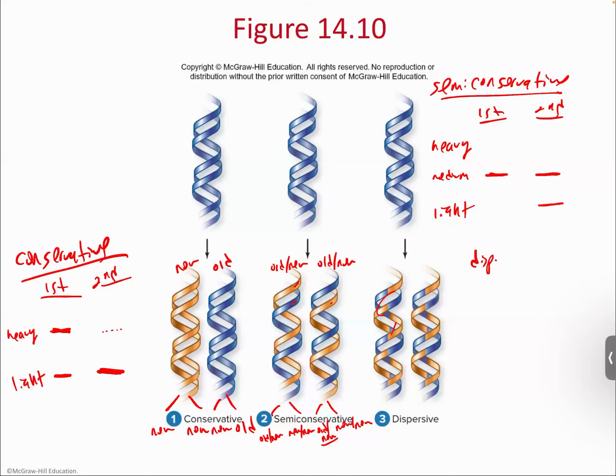Now for dispersive, we're quite sure what they were thinking here. So for this one, you would think that after the first round, you would have medium, one band, right? So it'd look like the semi-conservative. But what would happen?